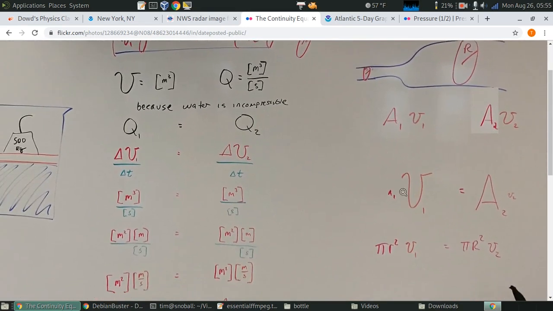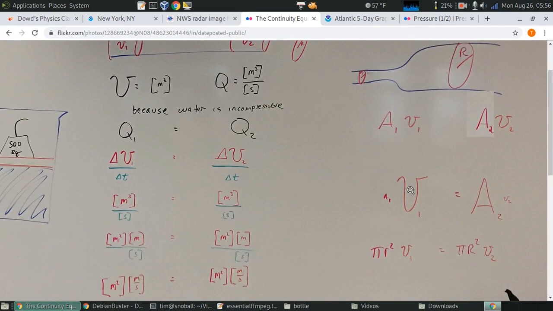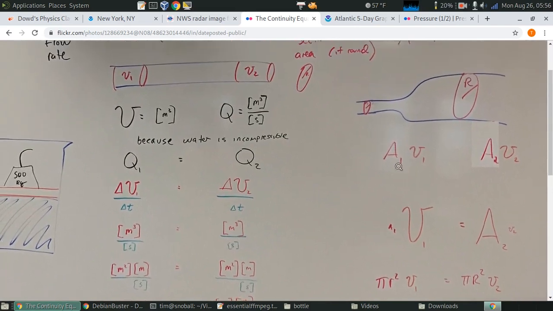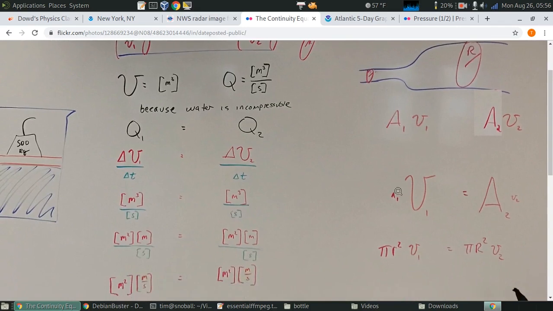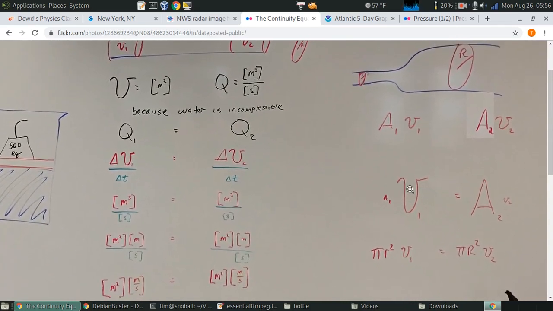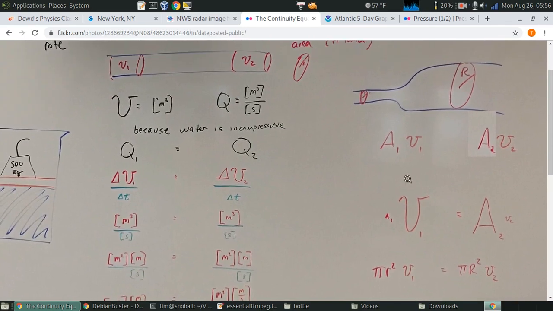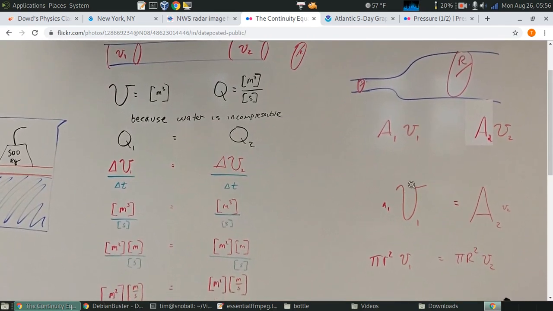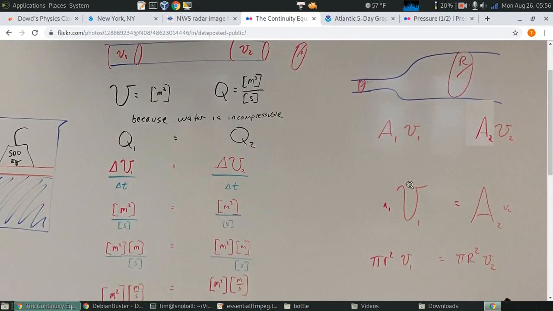If the area gets smaller, the speed has to increase. And that's why putting your finger over the pipe makes the water speed up. You're decreasing the effective area that water can go out of. So in order to maintain the constant volume flow rate, that means the water has to travel faster. All of this stems from the fact that water is incompressible.